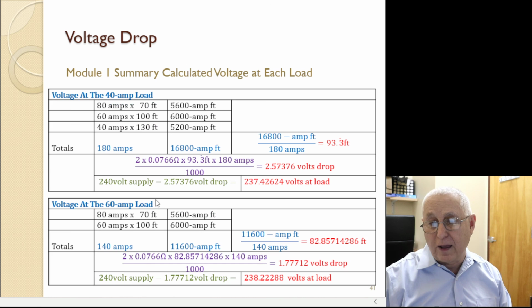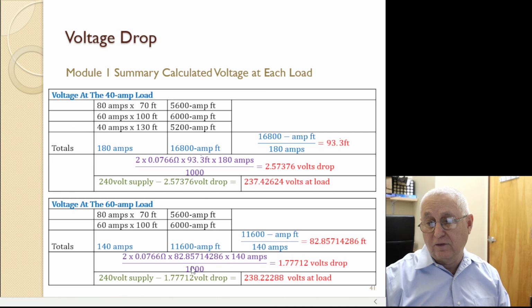At the 60 amp load, we would have 80 amps times 70 feet, 60 amps times 100 feet. This is 5,600 amp feet plus 6,000 amp feet, 11,600 amp feet, and we have 140 amps total. So 11,600 amp feet divided by 140 amps equals 82.857 feet.